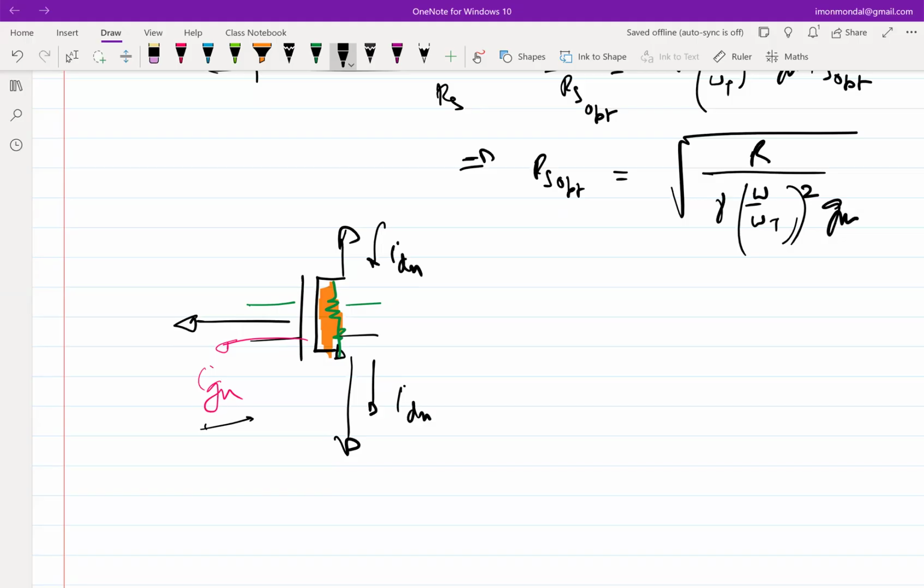As it turns out, your IGN expression is approximately equal to GM over 5 times omega by omega t whole square. Sorry, this is the effective.